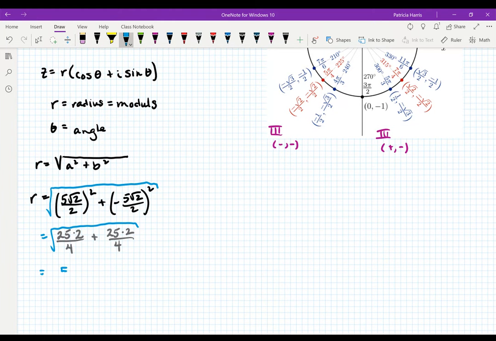So we have 50 over 4 plus 50 over 4, which is 100 over 4. Don't drop your square root, which is the square root of 25, which is 5. So my r is 5.